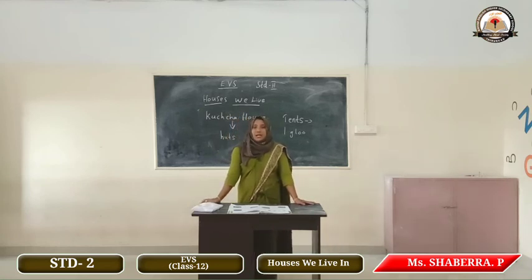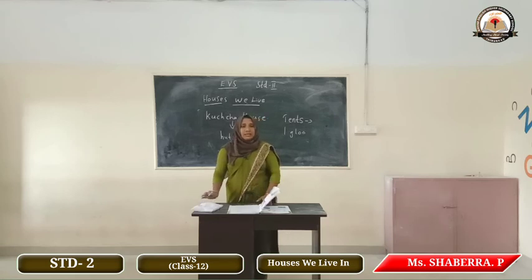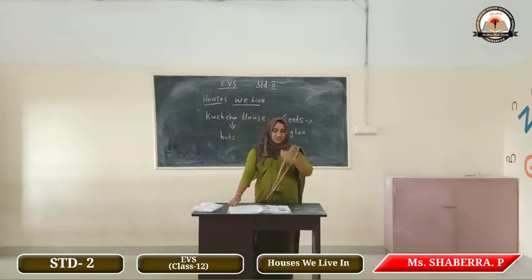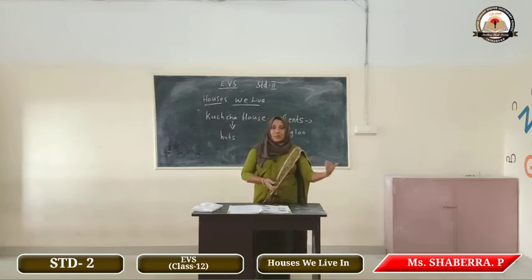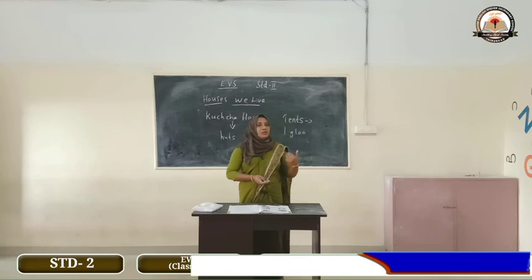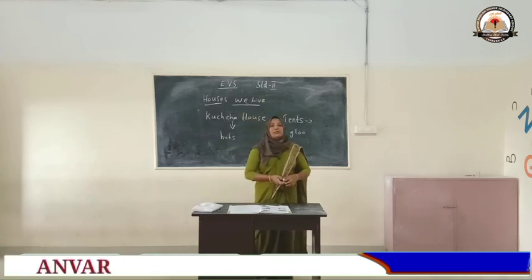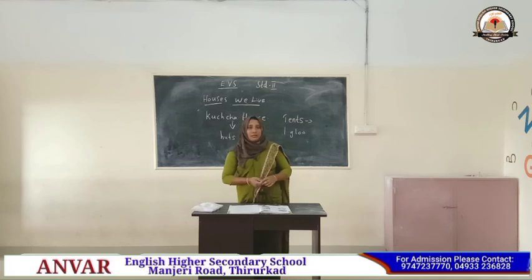Then next we studied huts. A hut can mainly be seen in villages, made of wood, grass, mud, etc. Then houseboats are built on boats and can move on lakes. Then tents are used by soldiers and campers.